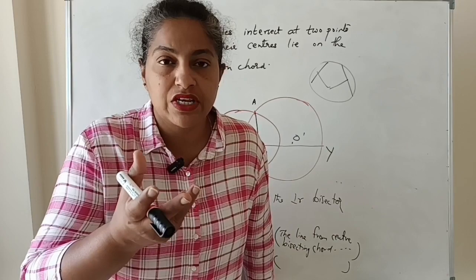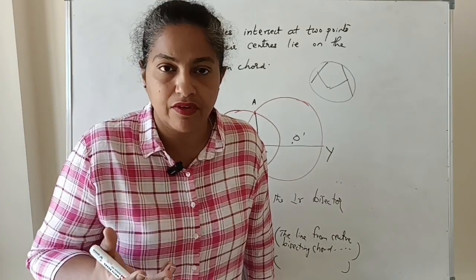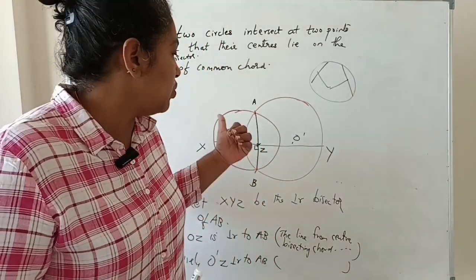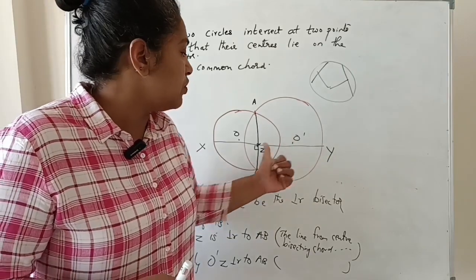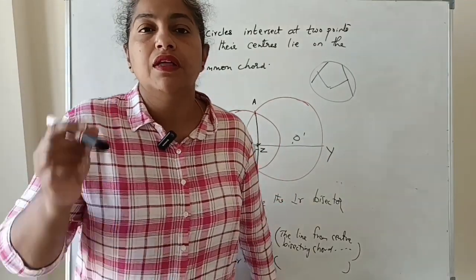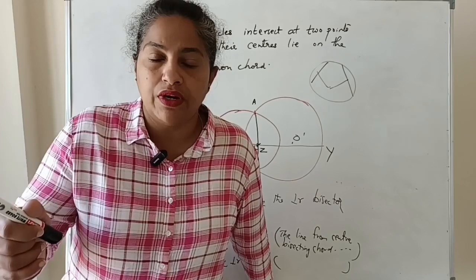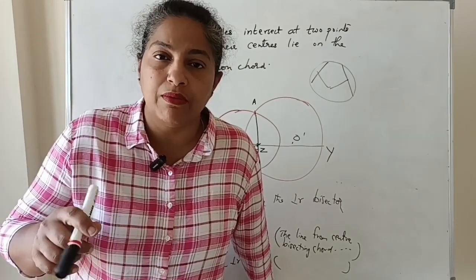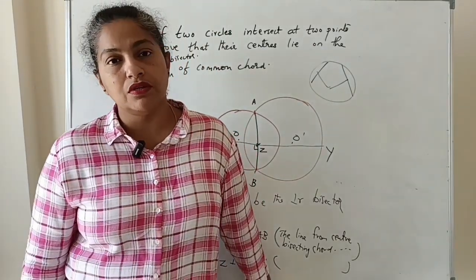OZ and O dash Z have to lie along XZY, or you can say it in a better way: OZ has to lie along XZ and O dash Z has to lie along YZ. Therefore, O and O dash will lie on the perpendicular bisector of the common chord.